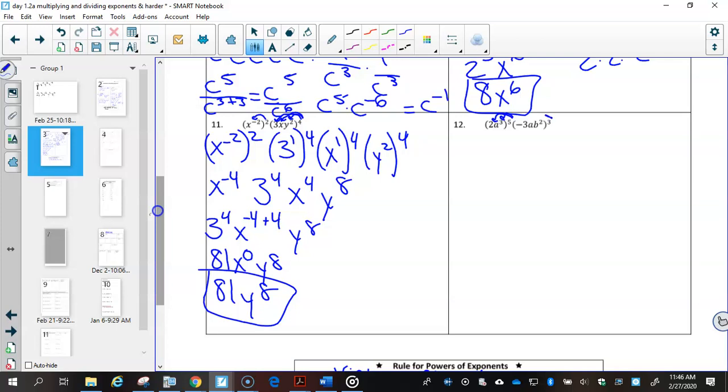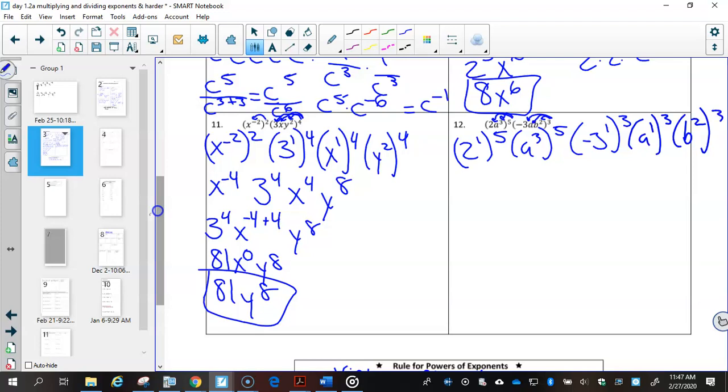This 3 is going to go to each, multiply to each exponent. I'm going to expand that so you see it. We have 2 to the 1st to the 5th, a to the 3rd to the 5th, negative 3 to the 1st to the 3rd, a to the 1st to the 3rd, and b squared to the 3rd.